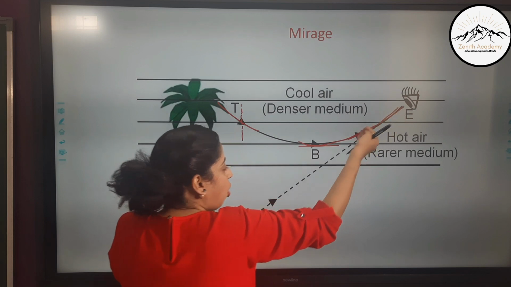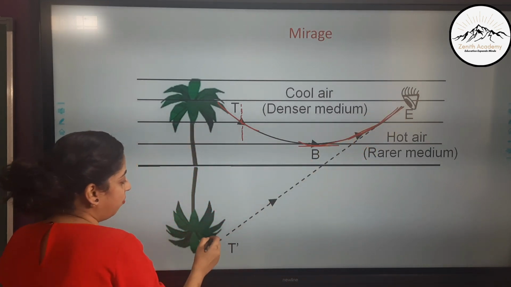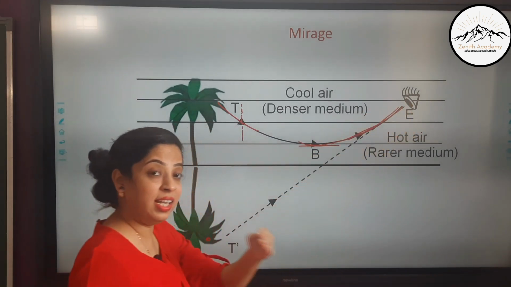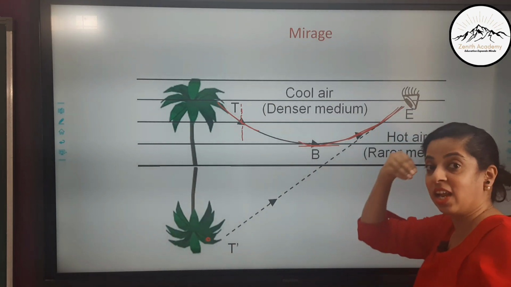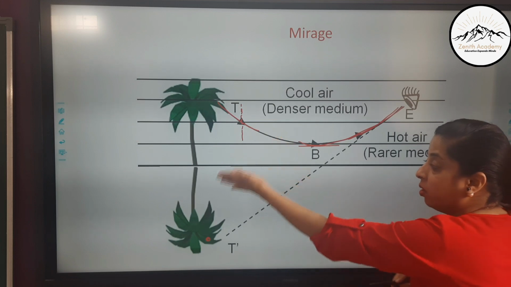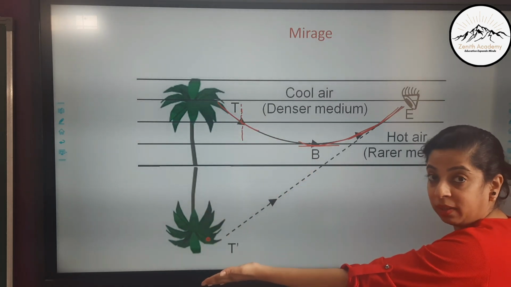So if this line is drawn back, it appears to have come from this point. So the observer feels that the light that is entering into his eyes is basically coming from the earth, from the ground, below the tree.